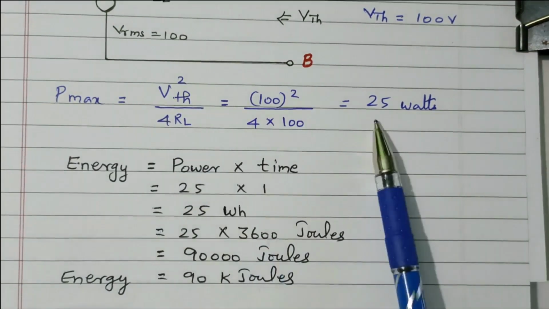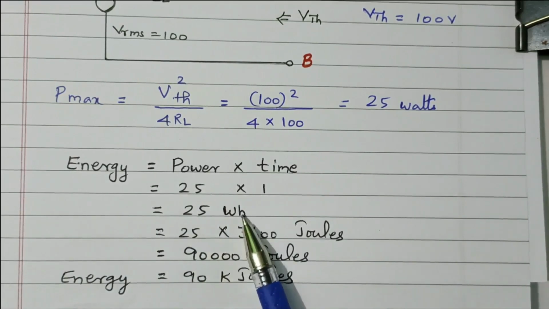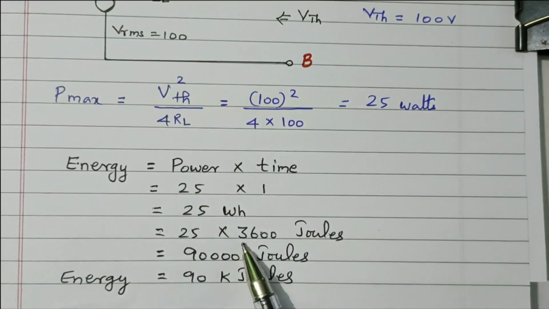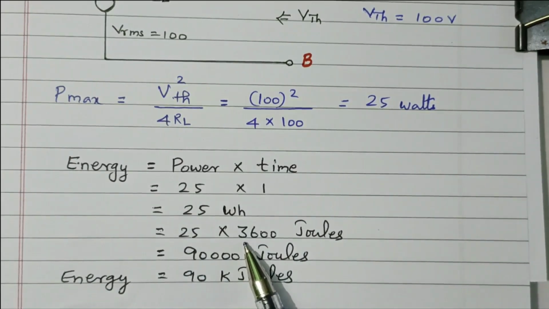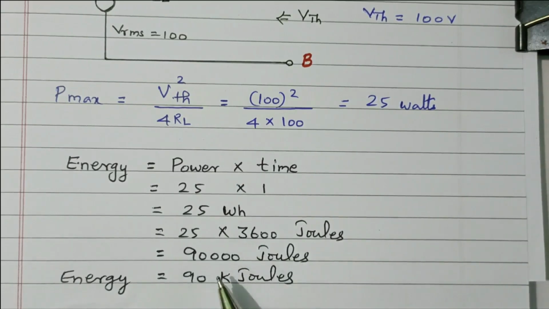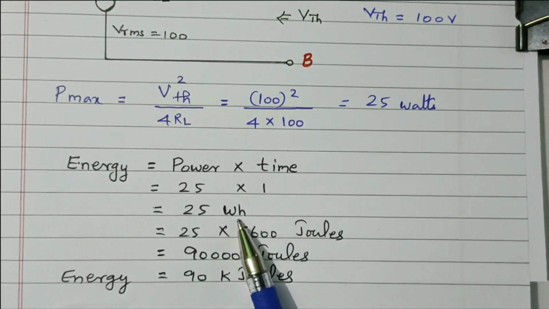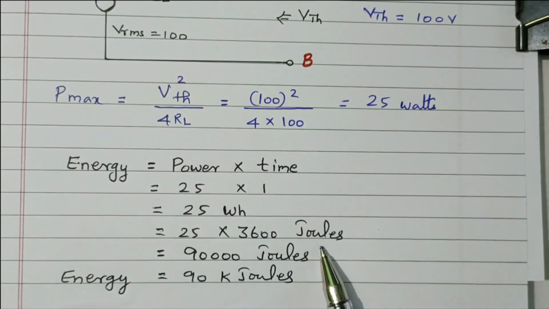So the power we calculated is 25 watts, into time of 1 hour, so 25 watt hour. Converted into seconds, it is 25 into 3600, which is 90,000 joules. It is given in watt hour for 1 hour; the hour is converted into minutes and seconds, 3600 seconds, so that we get joules.